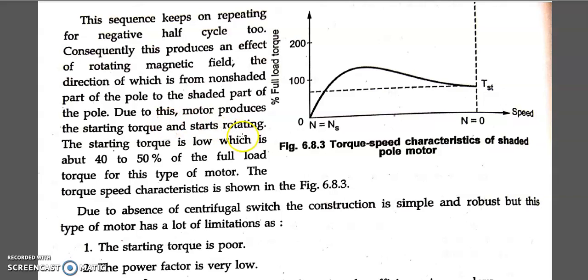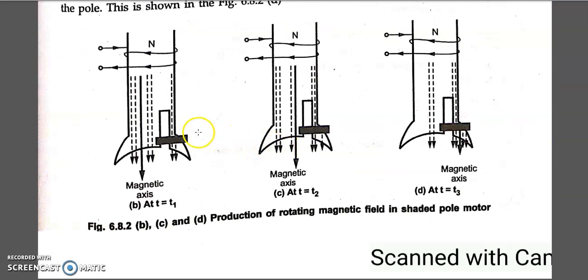Okay, so one thing you need to know here is there is a change in the magnetic axis from left to right. If I keep this in a circular fashion, then the magnetic axis will rotate in the clockwise fashion. Okay, so here just once again I'm going to remind you, always the current flowing in the shading band is in such a direction that it always opposes the cause.